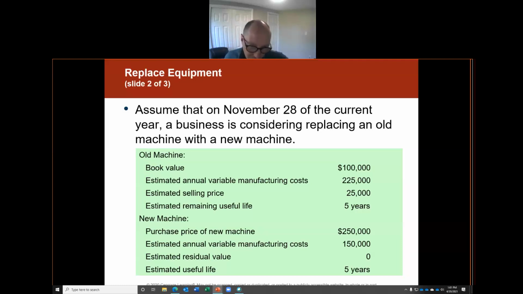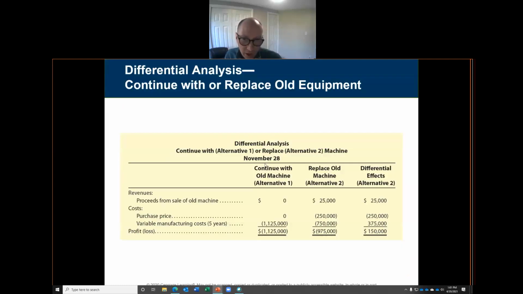Purchase price, 250. Estimated annual variable manufacturing cost, 150. Residual value, 0. Useful life remaining, 5 years. Do I continue with my current machine or do I replace it?